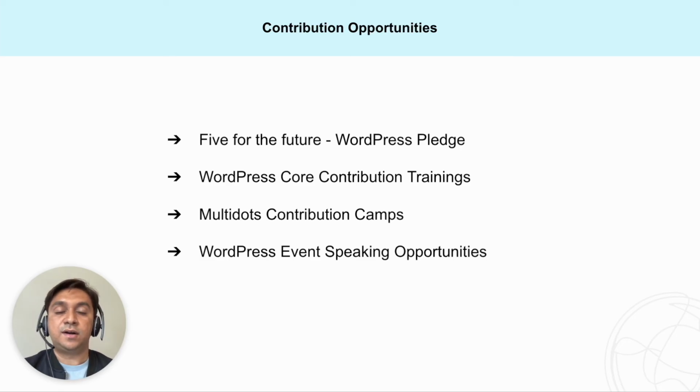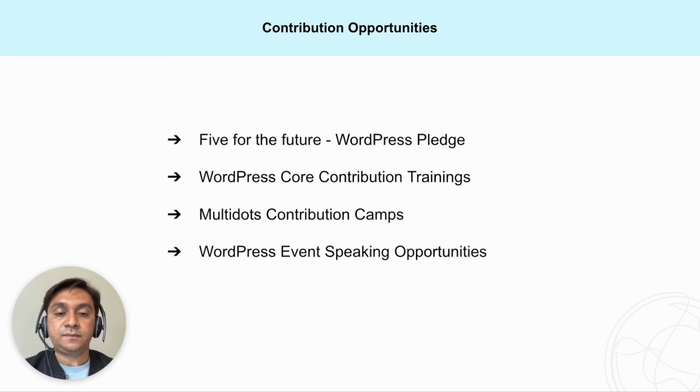It is a Multidots organization wide contribution camp that we organize, and we allocate one particular day or certain hours where all of our employees will be dedicatedly working on WordPress contribution. So that was a very great initiative we started this year, and we got a lot of positive feedback and results from that.